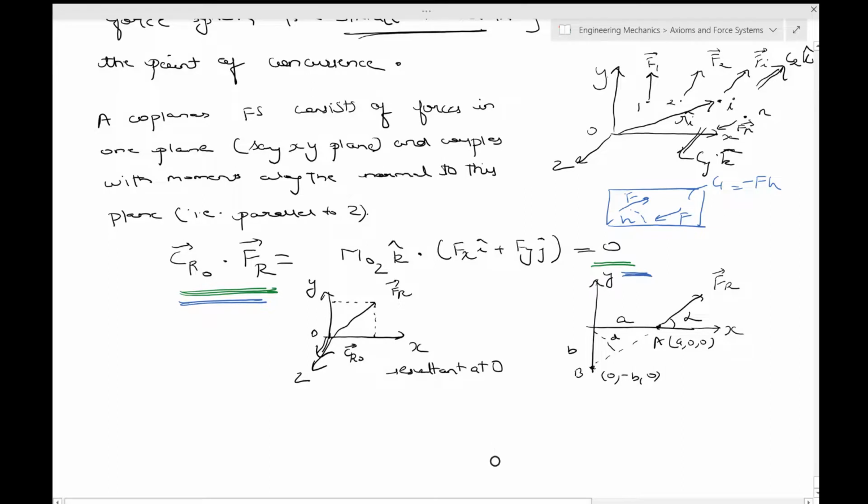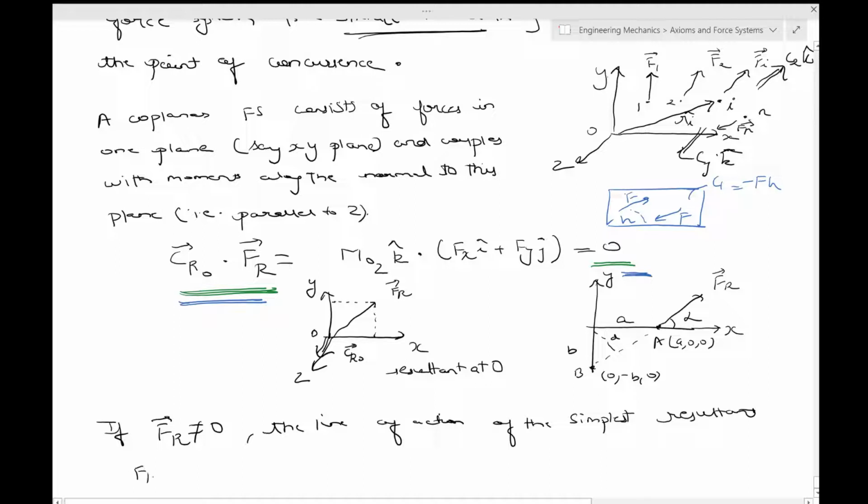Now let's see, if Fr is not equal to 0, then clearly the line of action of the simplest resultant Fr is equal to Fx i hat plus Fy j hat is at distance d from O. This is the distance d from O. Okay.